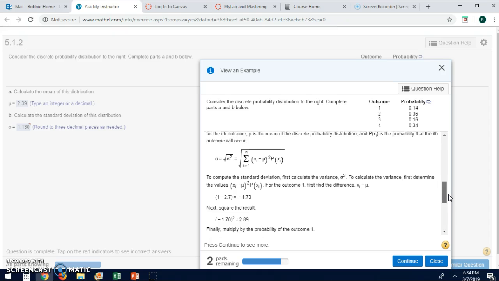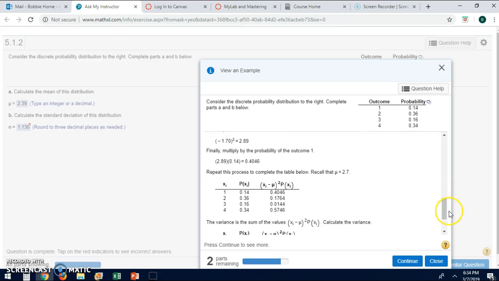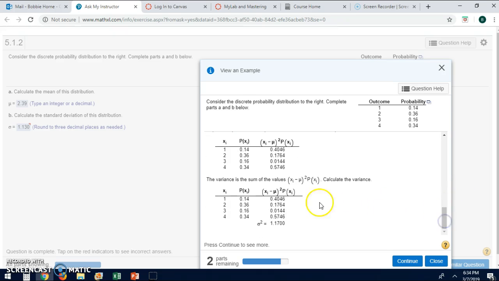So what I looked at is when you get down to the part where you're going to multiply the difference between xi and the mean squared times the probability, almost to the end of the problem, you will get a longer number here.